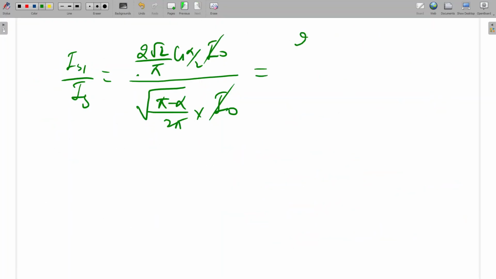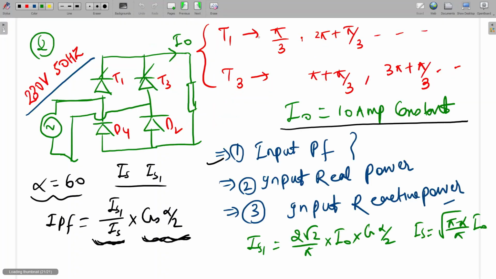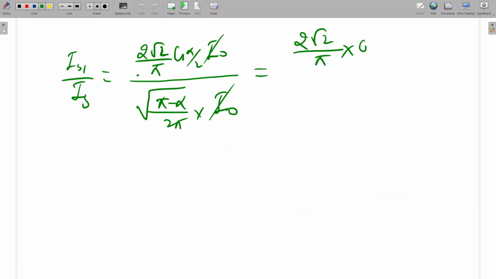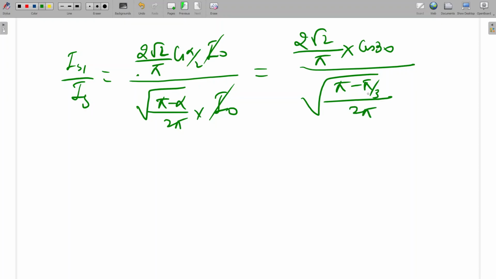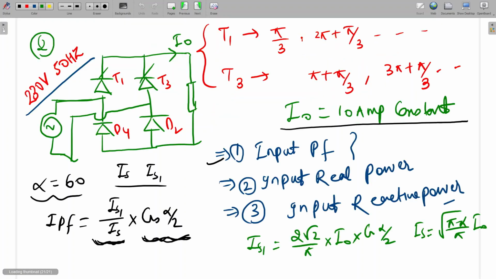So we can write 2 root 2 upon pi into cos 30, divided by pi minus pi by 3 divided by 2 pi. One second. See, this will be pi minus alpha by pi, not 2 pi. For source current, it will be pi. For thyristor current, it will be 2 pi.